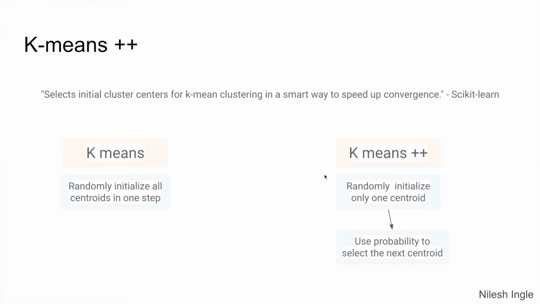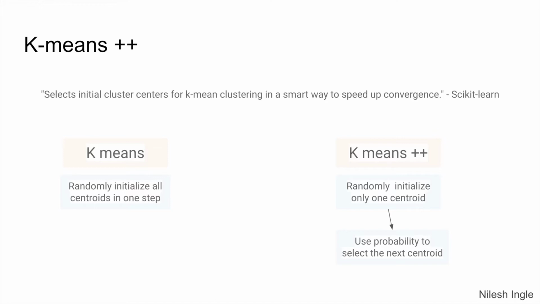There is also k-means plus plus. The difference being, in k-means we randomly initialize all the centroids in a single step, but in k-means plus plus that's not done. So what you do is randomly initialize just one centroid and then pick another centroid based on probability values.